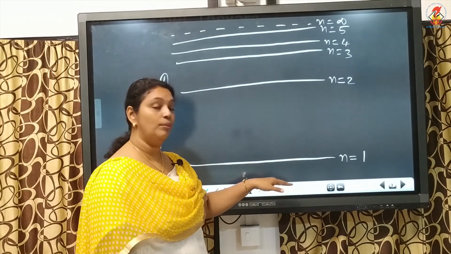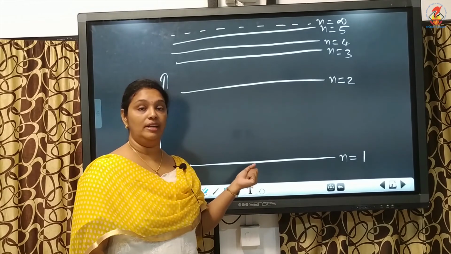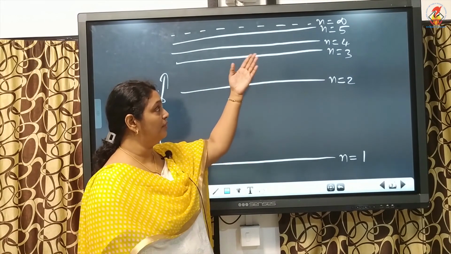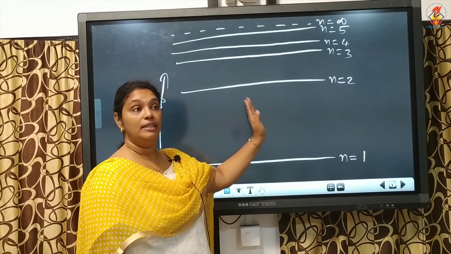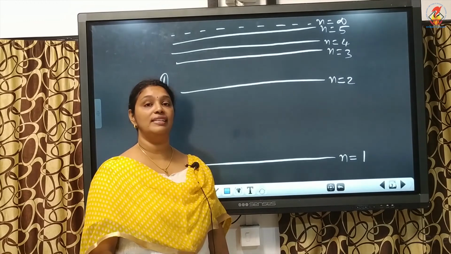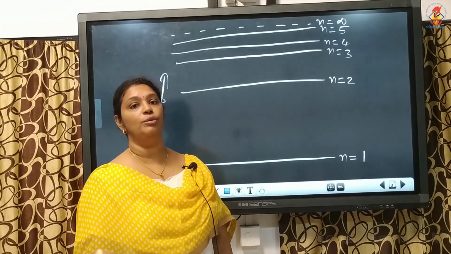So n is equal to 1 is the lowest energy state of an atom. On absorbing some radiation, it goes to higher energy state, which is n is equal to 2, 3, 4, 5, etc. And higher energy state is called the excited state of an atom. The excited state of an atom is unstable, so it comes back to lower energy state.